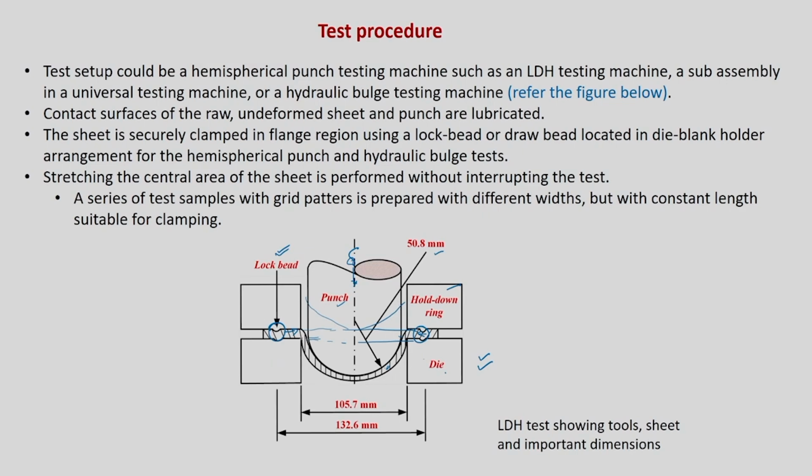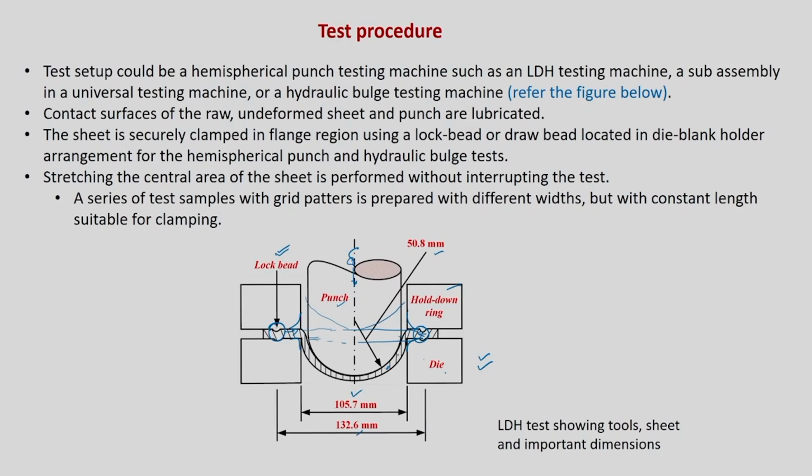Of course, here it is shown very sharp, but actually there is a corner, the die corner. Your blank holder also has a typical corner radius like this, and you will see that the gap between the die inner walls is about 105.7 mm, and the lock bead is spaced at about 132.6 mm. Now it's a circular setup, which means that the sheet is clamped circumferentially.